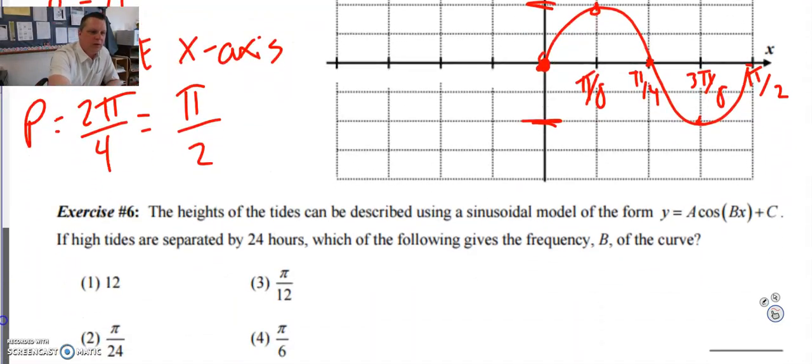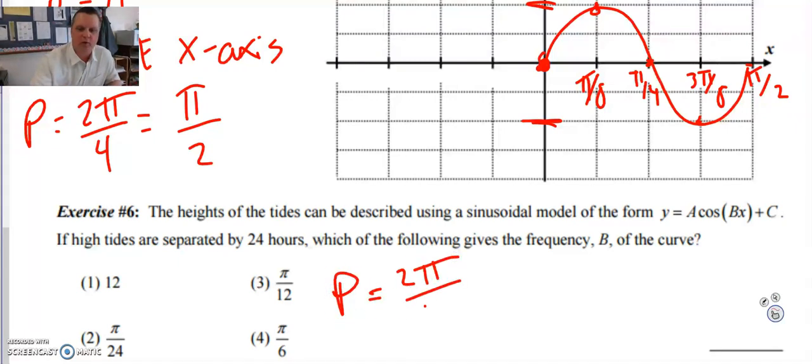Okay, and then the last one, exercise 6. The heights of the tides can be described using a sinusoidal model of the form y equals a cosine bx plus c. If the high tides are separated by 24 hours, which of the following gives you the frequency b of the curve? So you use the formula.